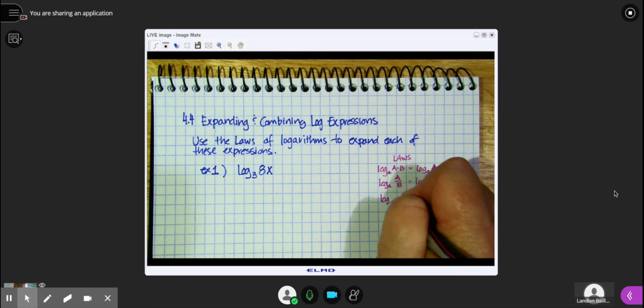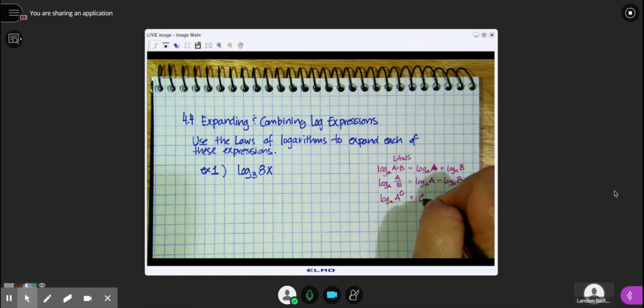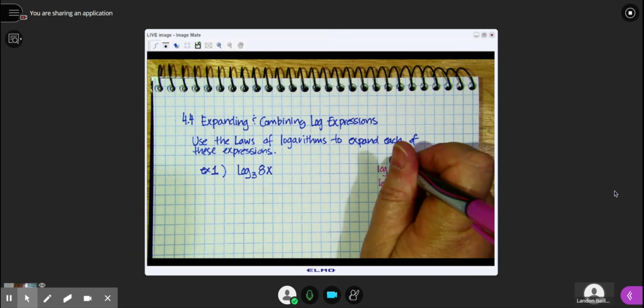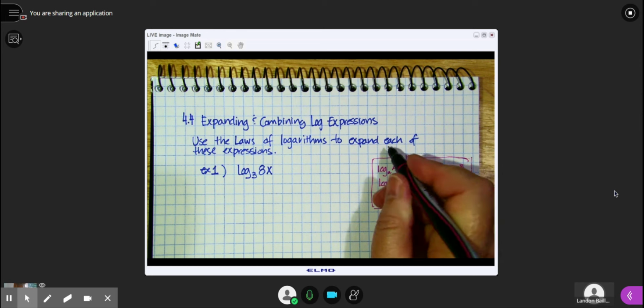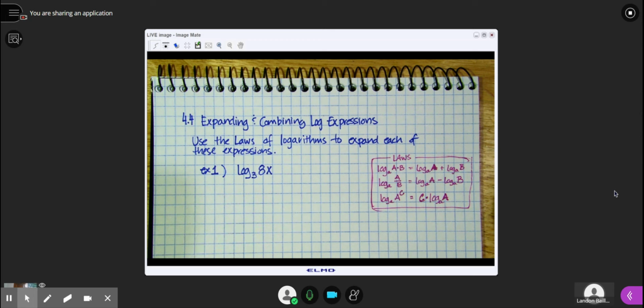The third law says if you have log base a of some positive value a to the power of c, that's the same as c times the log base a of that value a. So these are the 3 laws that we're going to use to expand this particular logarithm.